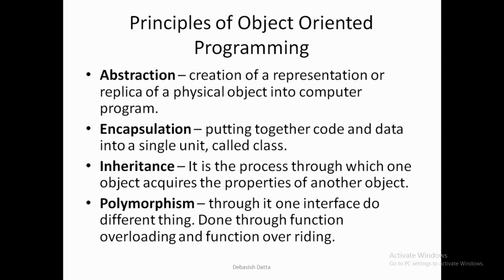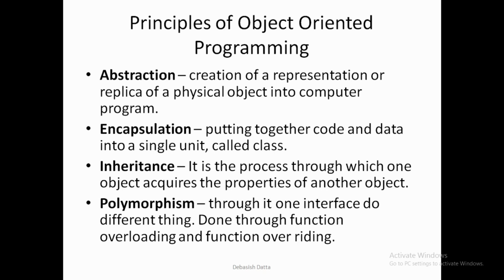Now, we will call a programming language an object-oriented programming language whenever it consists of four principles, that is abstraction, encapsulation, inheritance and polymorphism.